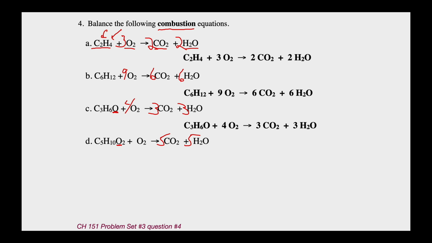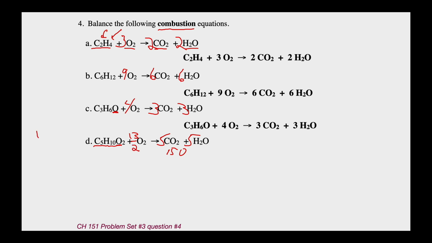So if there's 15 oxygens on this side, and you really don't want to change reactant stoichiometry, that means for oxygen, we would want to have 13 oxygen atoms, but the diatomics come in pairs. So what we would like to do here is have 13 halves O2.